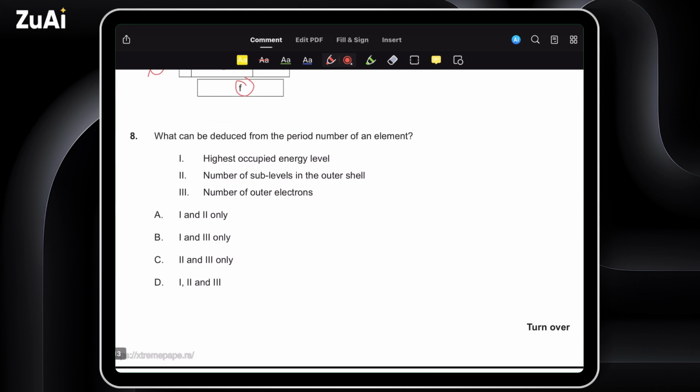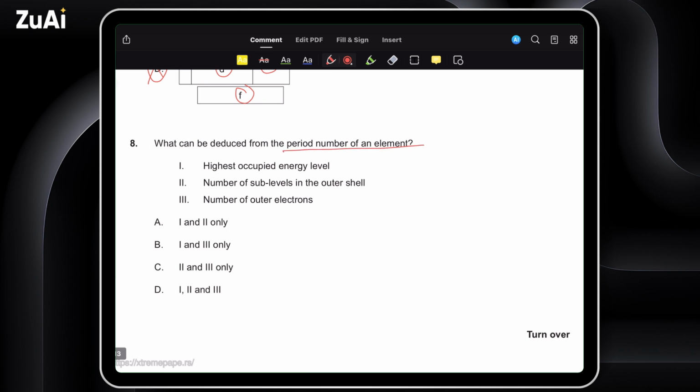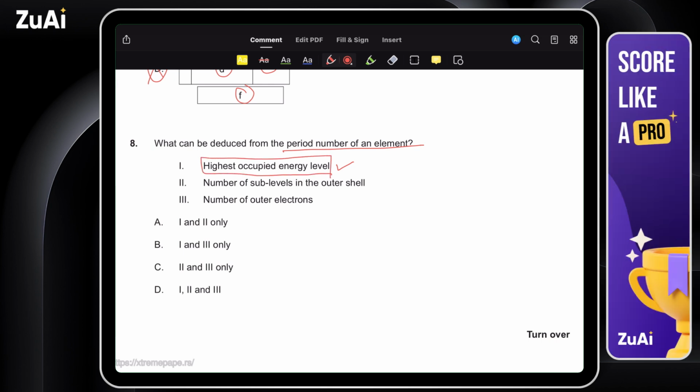What can be deduced from the period number of the element? It tells the total number of shells, and the highest occupied energy level, because total number of shells tells us the energy level. It also tells the sublevels, like lithium, beryllium, boron, carbon, nitrogen, oxygen, fluorine.